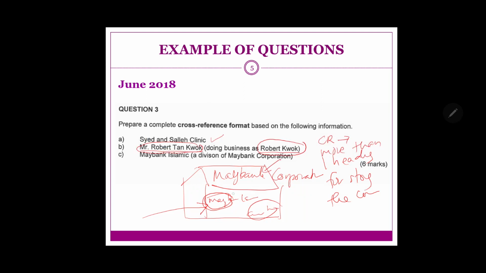Maybank Corporation is a big company. Under Maybank there is what we call Maybank Islamic, and we have the conventional Maybank. So apart from that, how are we going to treat this, whether as a small unit or as a whole, as Maybank Corporation.